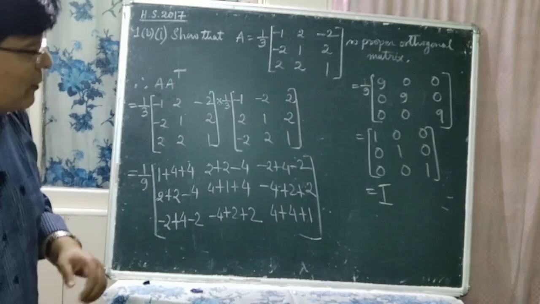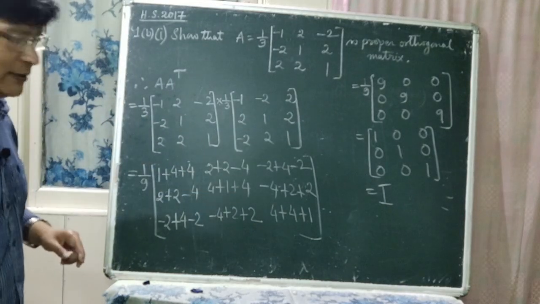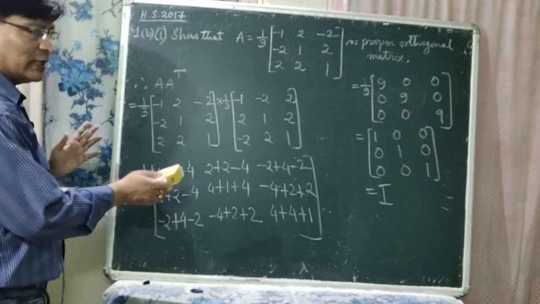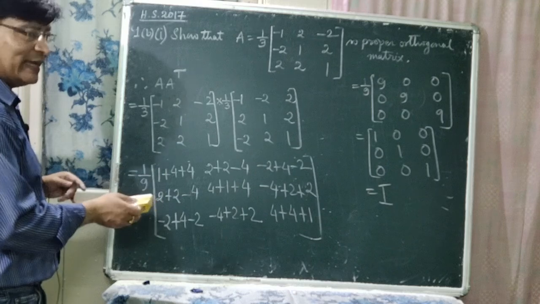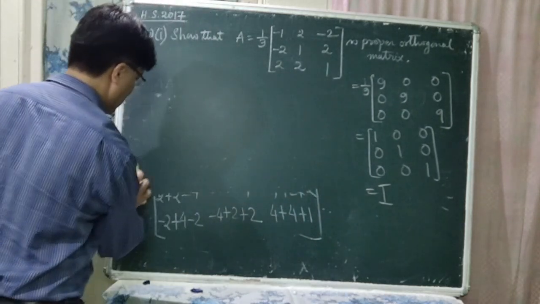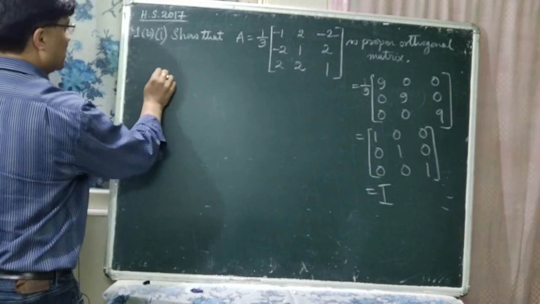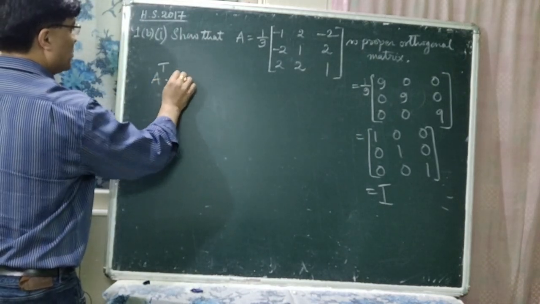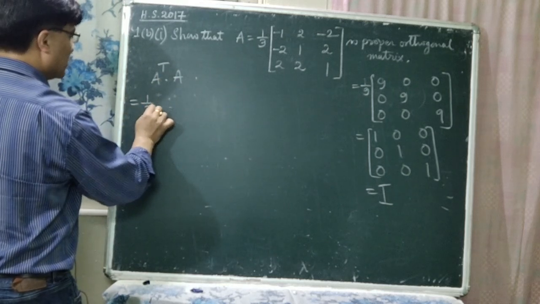Okay. Now we have to prove again A transpose dot A is equal to I. So let us prove A transpose dot A now. First matrix will be A transpose, then A. What is A transpose now? 1/3.